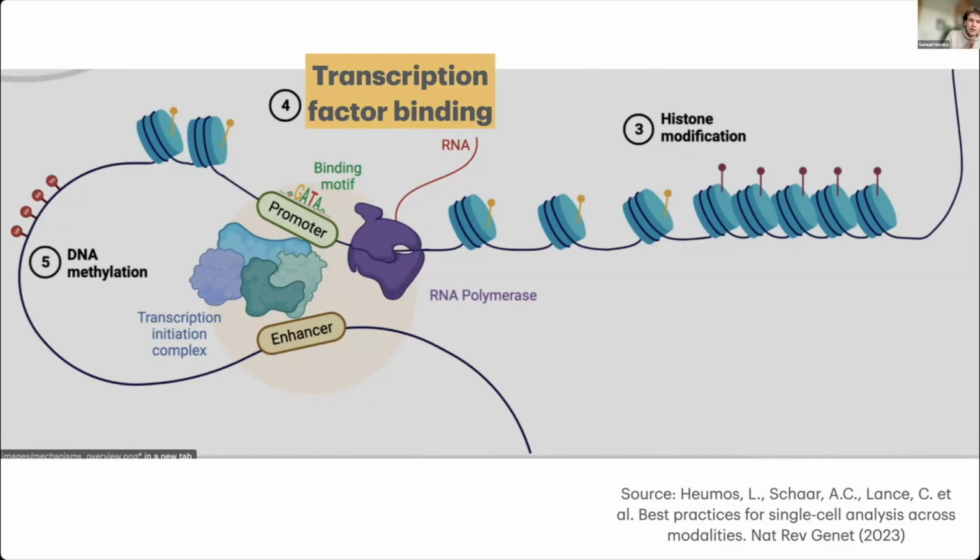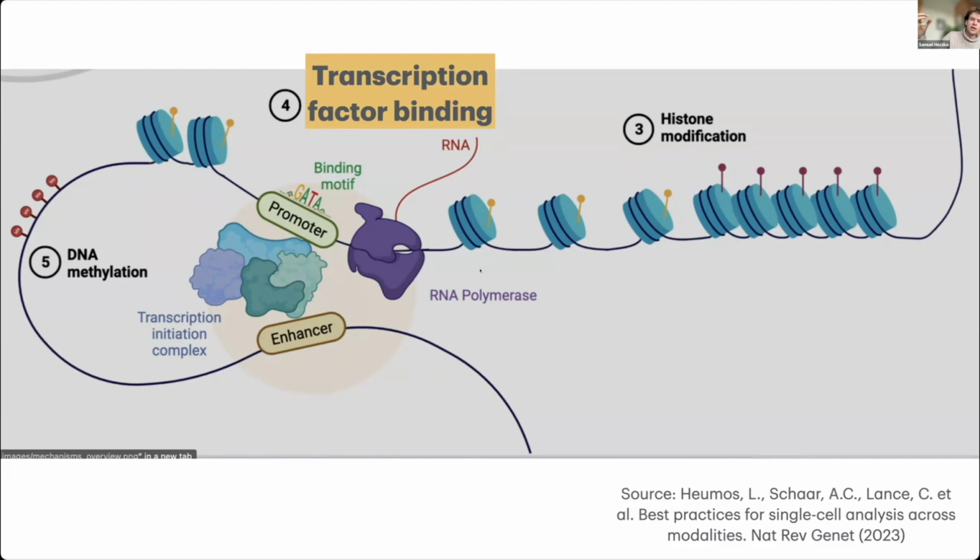What is important here, and what has to do with my data, is that these promoter and enhancer regions have to be available in order to bind transcription factors and therefore suppress or enhance gene expression. This availability matters because DNA in general has 3 billion base pairs, so it's a very, very long molecule, and most of it is wrapped around histones, like we see here on the right-hand side of this plot.